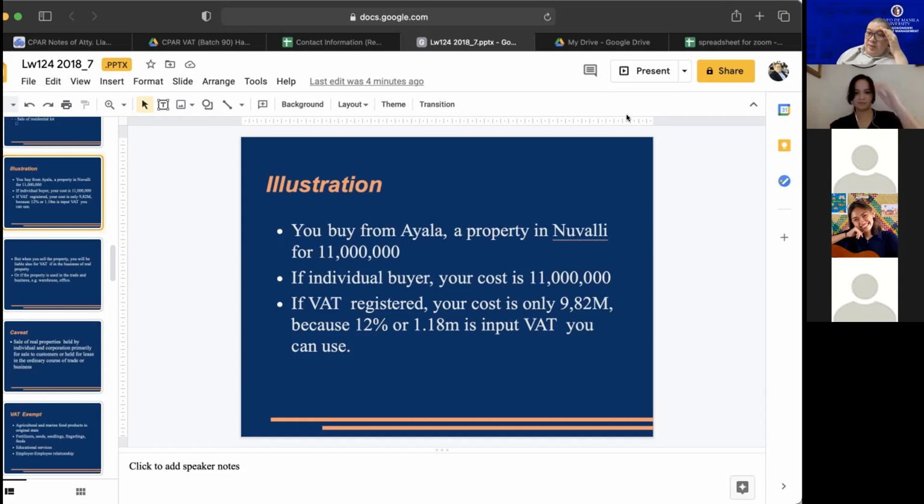Okay. First, compute the VAT. Second, compute your income tax. Sorry, sir. Can you repeat that? It was choppy. 7 million po. No, 18 million. You're selling it for 18 million, inclusive of VAT. Okay.